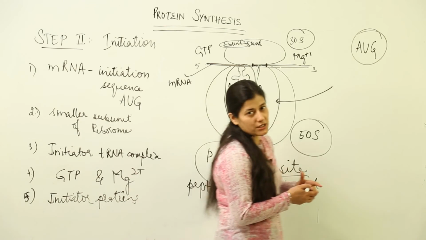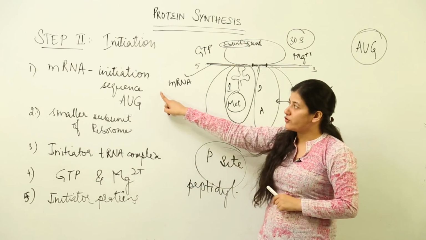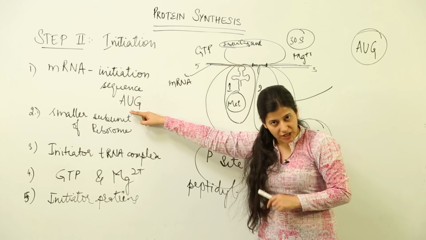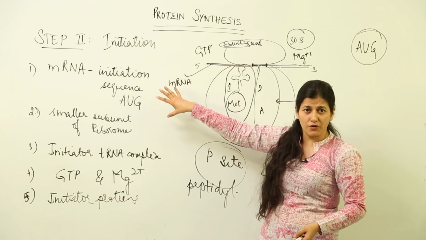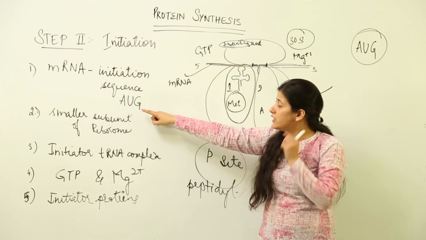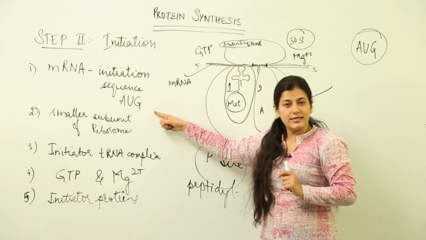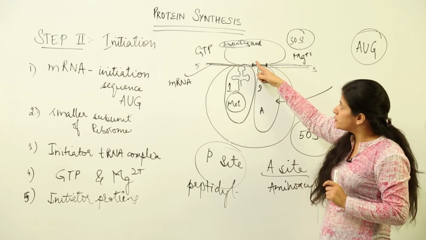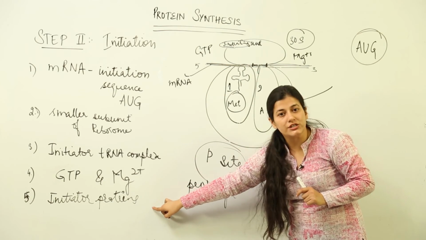I am just repeating it in a quick overview, the things that are required. First of all, you need an mRNA with an initiating sequence, that is AUG. From there we are going to start the process of initiation. When the specific proteins and tRNA read this sequence on mRNA, the 30S subunit of the ribosome comes over there along with the initiating unit, that is of course the initiator proteins.